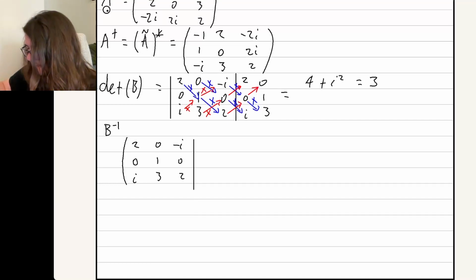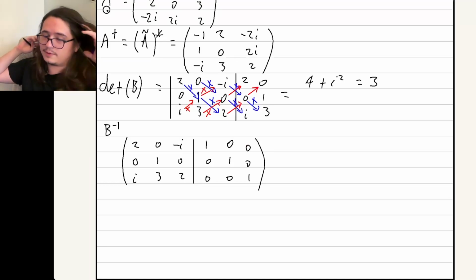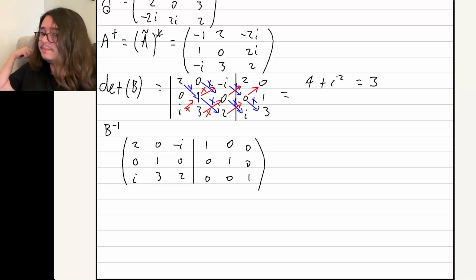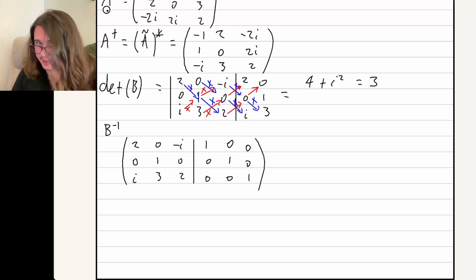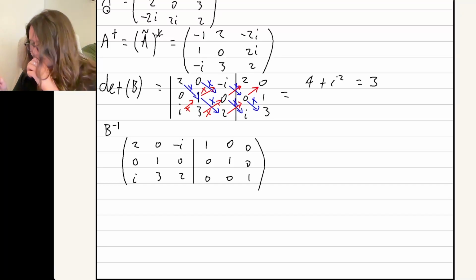And then you set it next to the identity matrix of the same dimension, which is 3 here. So 1, 0, 0, 0, 1, 0, 0, 0, 1. And then you do row operations on both matrices simultaneously until the left side matrix looks like the identity matrix.